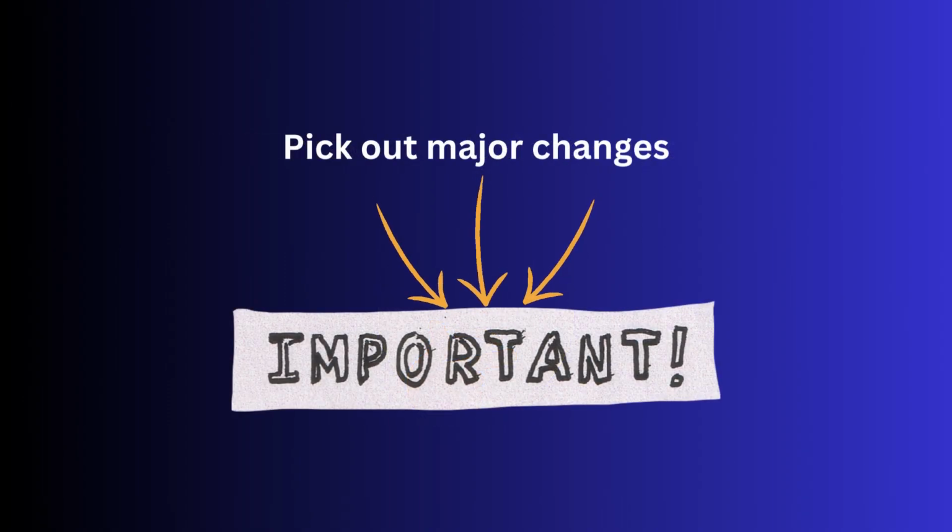Another very important thing is you need to pick up major changes and major points. If there's a graph or a table, you just need to see the high points, the low points, and whatever variations are happening in between, and how fast or slow those variations are. Because you can get very vast information, it could be data of almost 50 years.